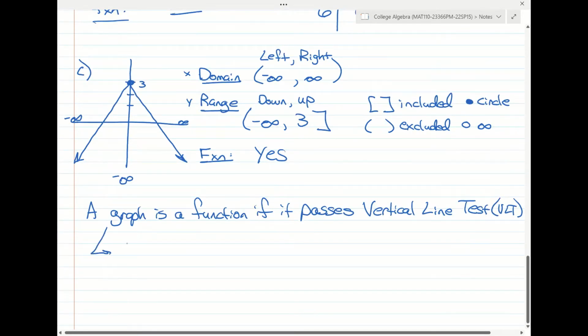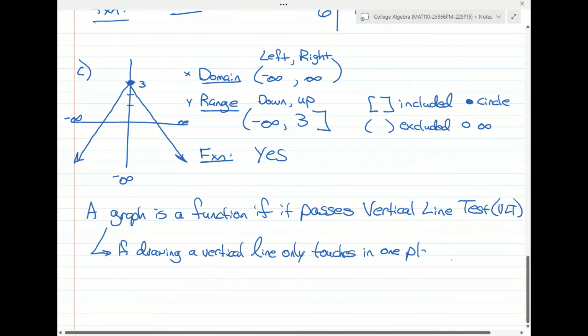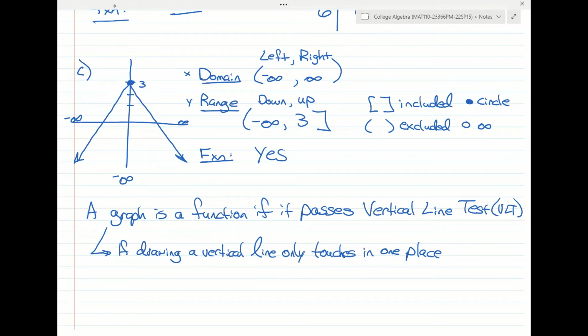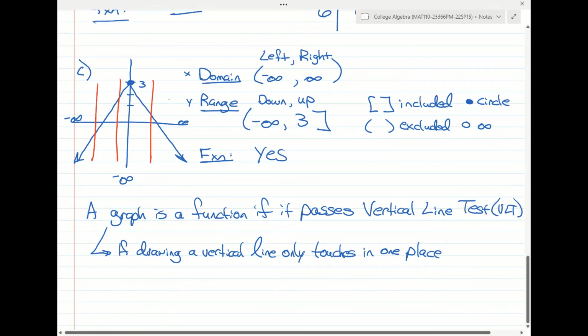What that means is if drawing a vertical line only touches in one place. For this graph, if we draw a vertical line, you see how it only touches in one place? That means that it's a function.